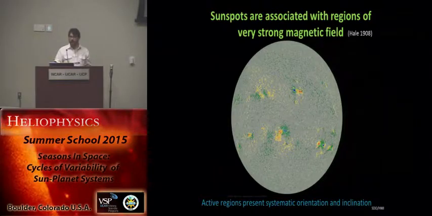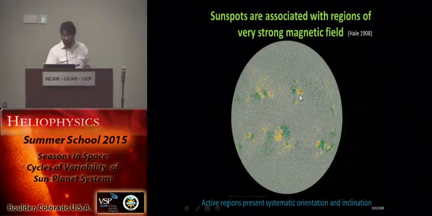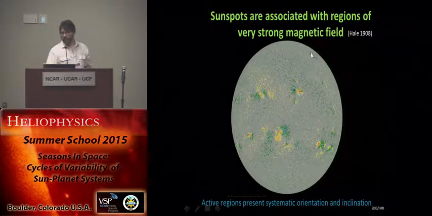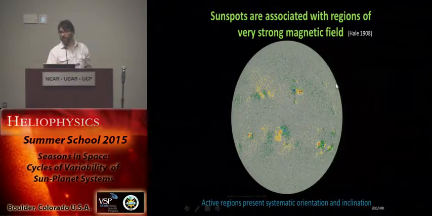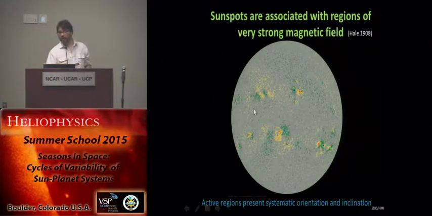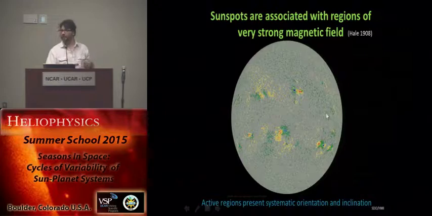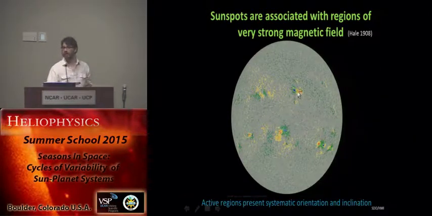If you look at these active regions in the northern hemisphere, you see that the positive is generally closer to the right limb of the sun, right? The sun rotates from left to right when we look at a movie. And that is what we call the leading polarity.